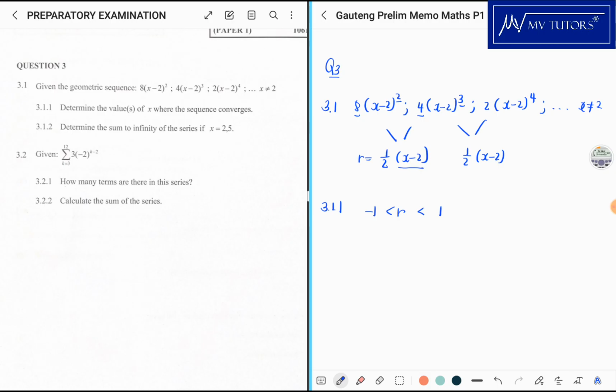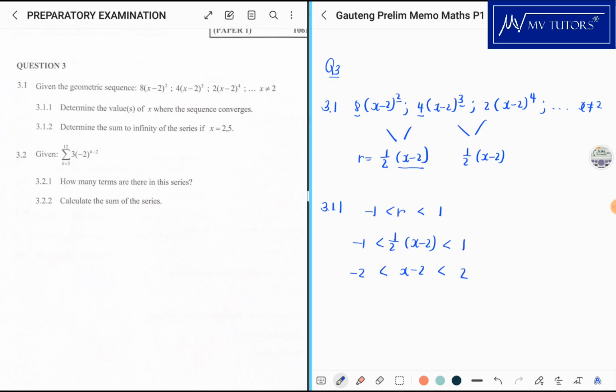So now we have our r, which we worked out as we were evaluating how this geometric sequence works out. So r, the common ratio, is a half times x minus 2, and that's in between -1 and 1. So if I multiply by 2 throughout, I have -2, or you divide by a half, whichever floats your boat.